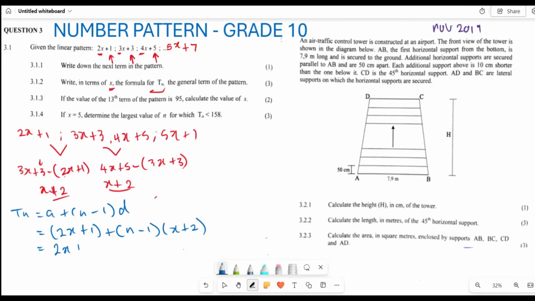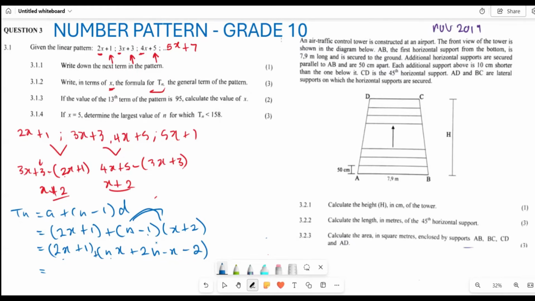This is the same as 2x plus 1 plus the product, so let's start here. n multiplied by x is nx. n multiplied by 2 is plus 2n. Then negative 1 multiplied by x is negative x. And negative 1 multiplied by 2 is negative 2 altogether. From here we can collect like terms.